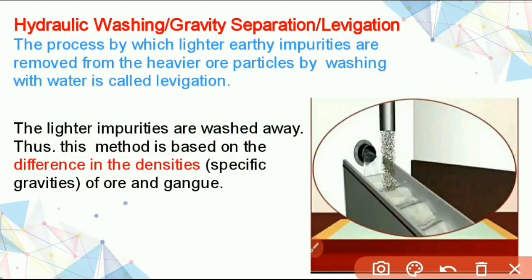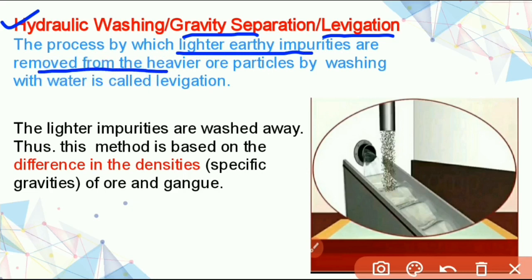The first concentration method is hydraulic wash, gravity separation, and it is also called levigation. The process by which lighter earthy impurities are removed from heavier ore particles by washing with water is called levigation.